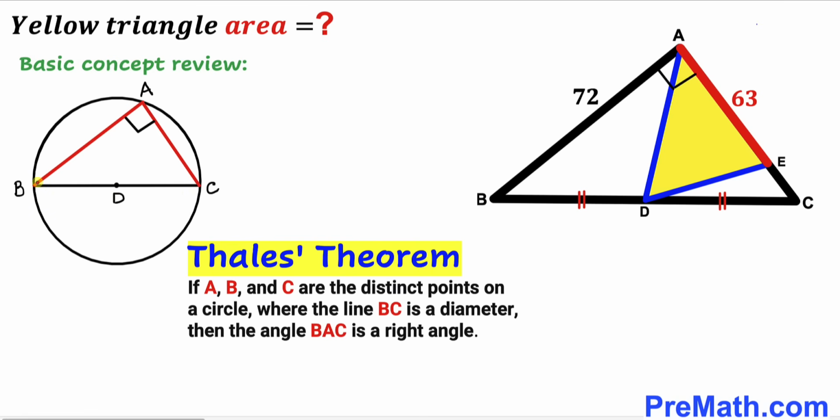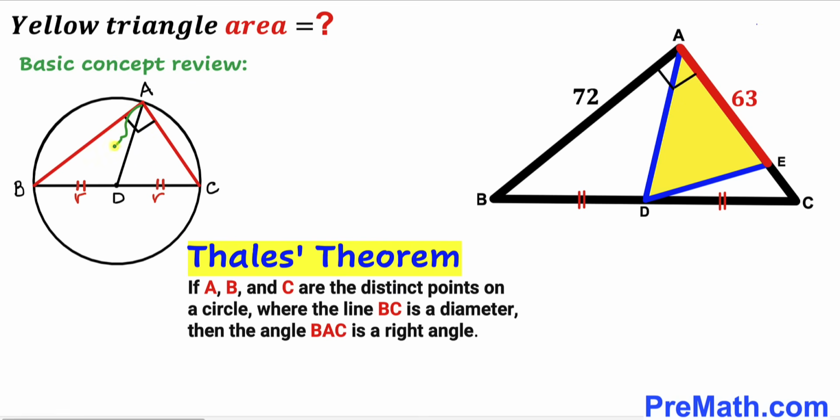We can see that this BD segment is our radius lowercase r, and likewise this CD is going to be radius lowercase r as well. In other words, these two radii are going to be equal. And now I'm going to connect this center D with this vertex A, as you can see in this next step.